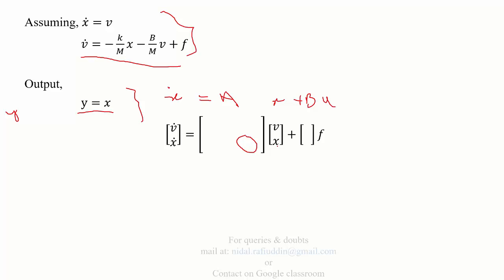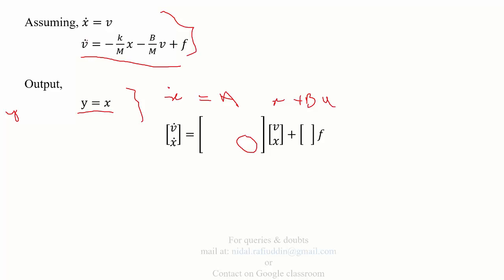And if you look at the first relation, x dot equal to v, hold on a second. If you look at v dot equal to minus k by m x minus b by m v plus f by m.